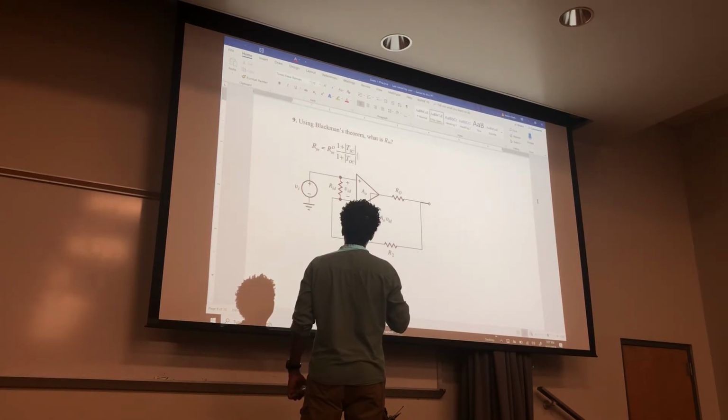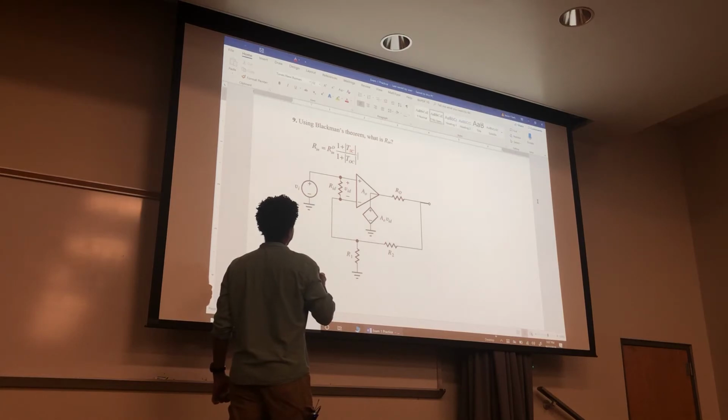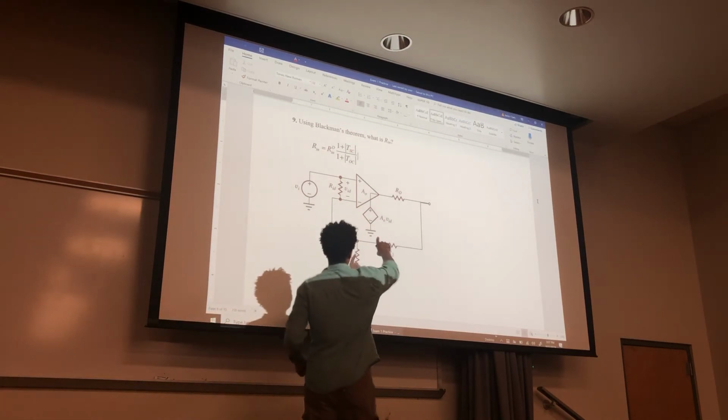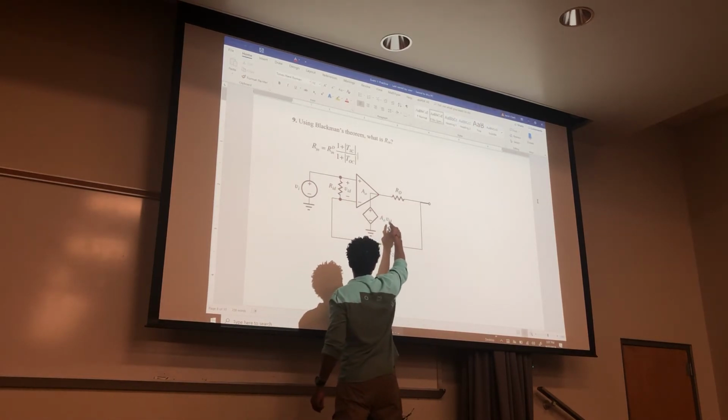Okay, so for this right here, we have to look at output over input, because this is just like the loop gain for feedback. For the feedback loop going this direction, remember this is the feedback. The input is this.